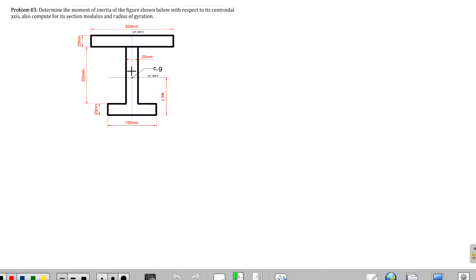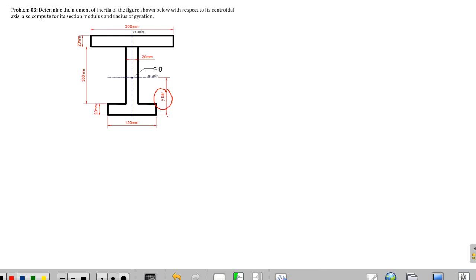Okay, this is unsymmetrical. So I will take my y bar from the bottom. You can actually take your y bar from the top, but from my figure, I will take my y bar from the bottom.